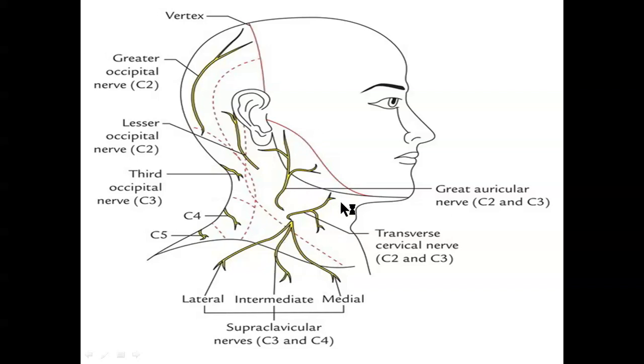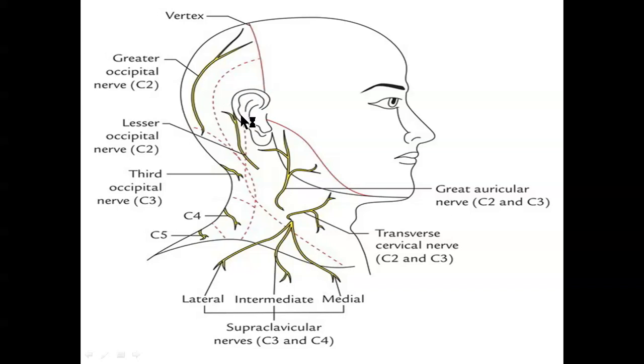Now we have talked about our four cutaneous nerves in the side of the neck area: one, two, three, and four. Lesser occipital nerve, greater auricular nerve, transverse cervical, and supraclavicular. The lesser occipital nerve supplies the cranial part of your auricular area and the retroauricular area.